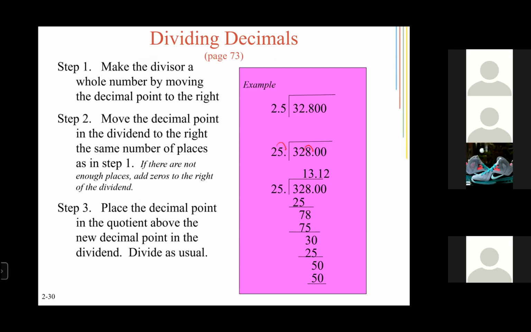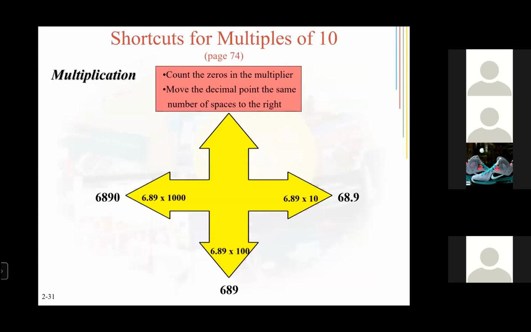So the reason we are doing this is to make it easier to do the mental calculations when we are dividing. But you must make sure that whichever number of places you move the point in your divisor, you do the same thing with the number you're dividing to keep the value the same. Okay, so that's for dividing decimals.